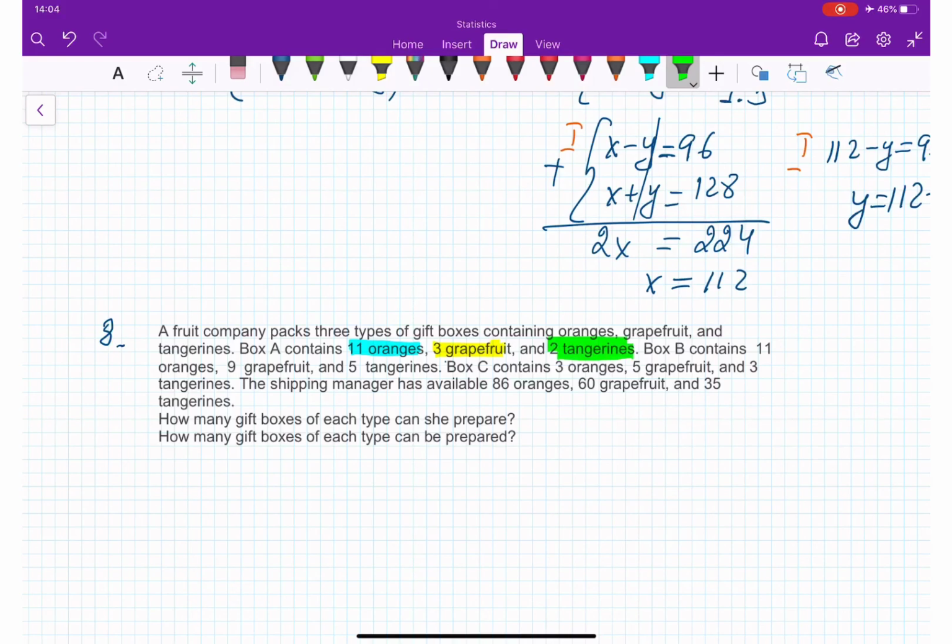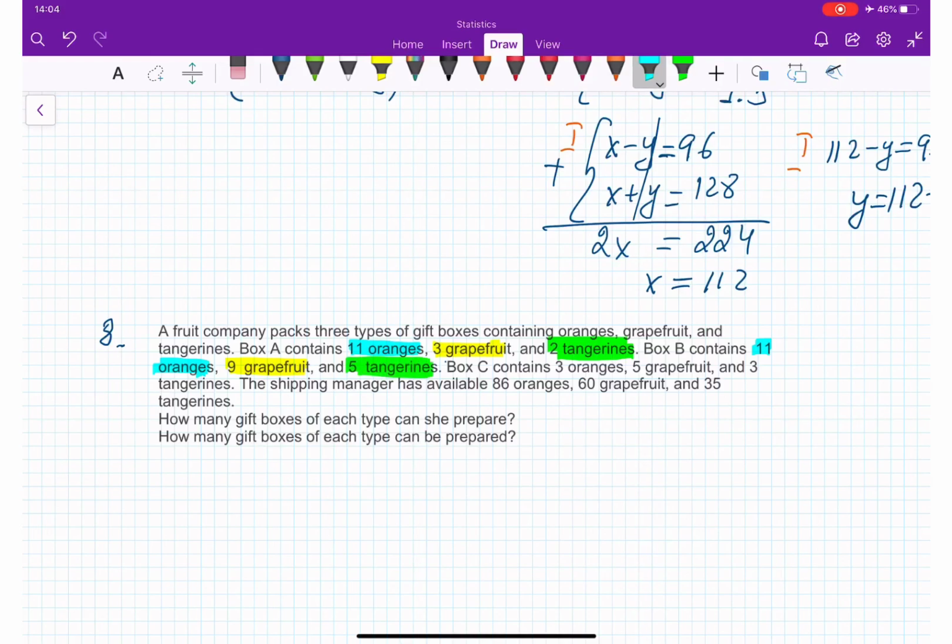Okay, that's box A. Box B has 11 oranges again, 9 grapefruits, and 5 tangerines.